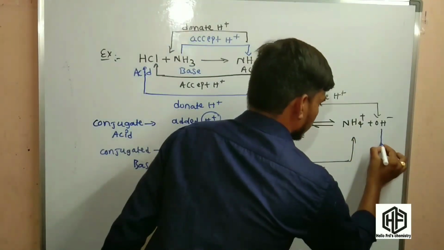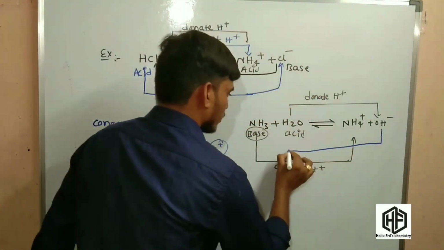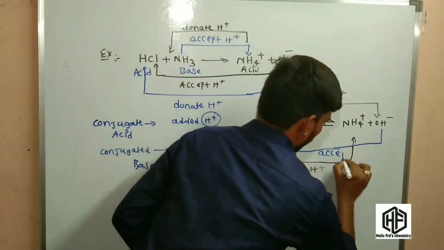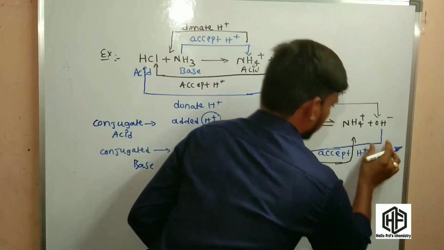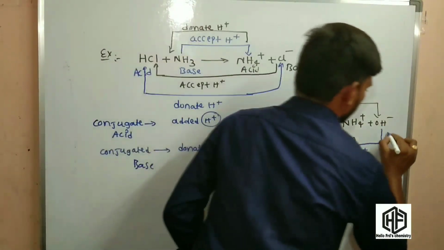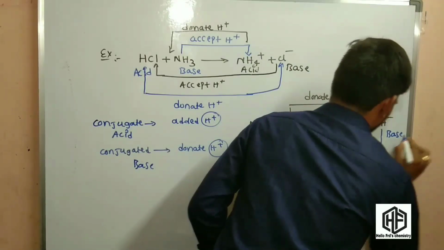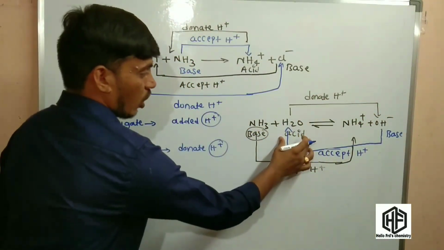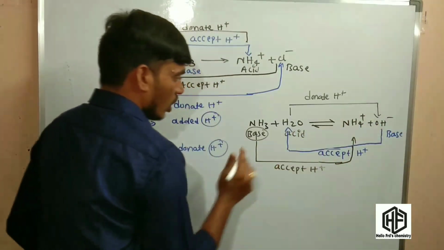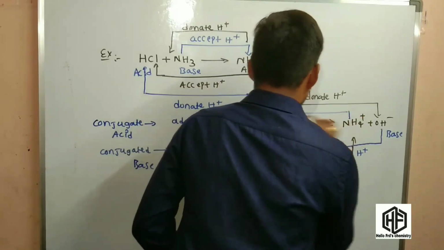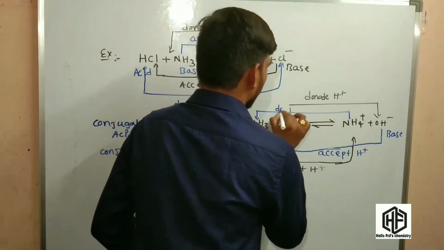OH minus ions accept H plus, so this is called a base, and this is the conjugate acid. Now in this direction, NH4 plus donates H plus.